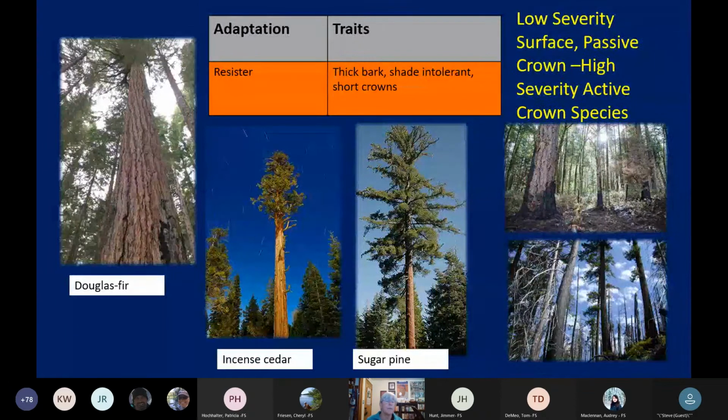Conversely, we have those species that are able to resist fire. So they often develop thick bark at a pretty early age. Often they grow in open places, so they're shade intolerant. And another key characteristic is that they have short crowns, so there's a pretty long distance between the ground and where the bottom of the crown is.